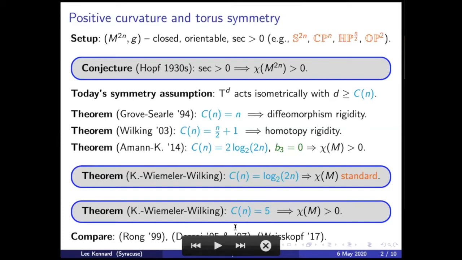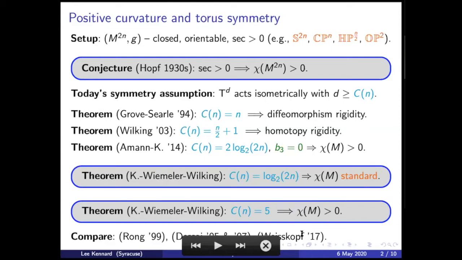I'll mention the only 2 other types of results that I know. Wong in 99 proved a result involving odd dimensional positively curved manifolds with circle symmetry. So there in this notation, the constant C is 1, and he has results on the fundamental group. The other class of results of this form are due to Dessai and his student, Nikolai Weisskopf.